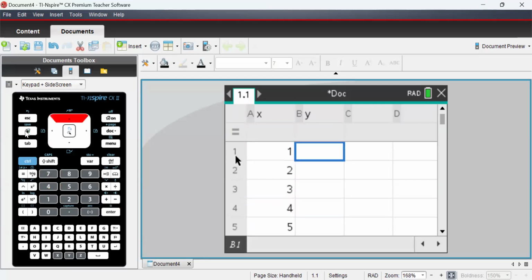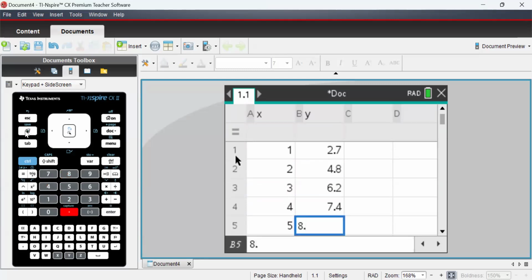Be careful with your decimals, take your time. It's always a good idea to kind of just eye things, go back and check.